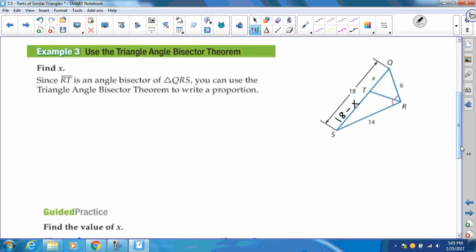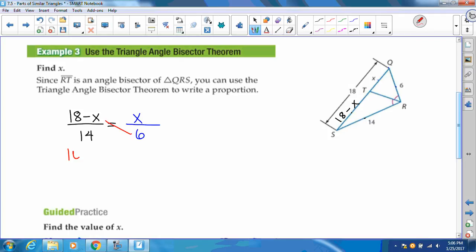So then I can do these two parts. So the two segments that have a vertex at S would be 18 minus x over 14. That would be equal to, and then I can do these two segments that have a vertex at Q. And that would be x over 6. And then I'm going to cross multiply. I'm going to distribute that 6 in there.